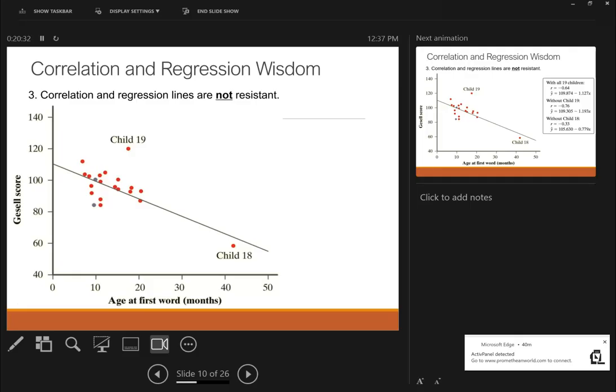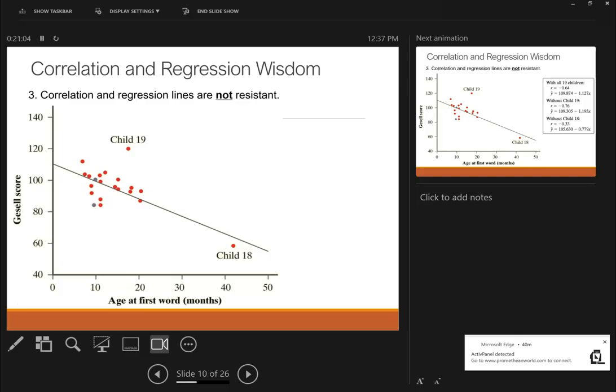So if you look at child 19, that appears to be an outlier in the y direction, correct? Like that point for child 19 in the x is smack dab in the middle of the x's. That looks like an appropriate x value. But its y is way higher than all the rest of them. Everybody agree?